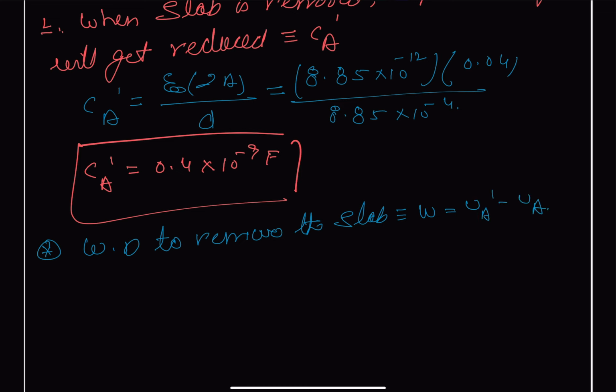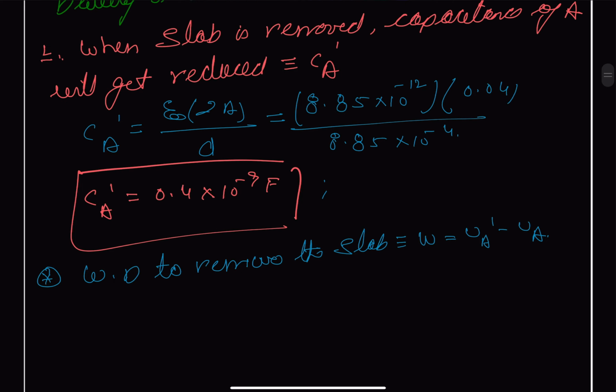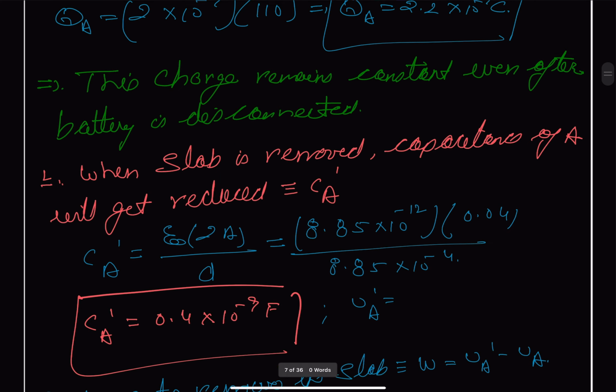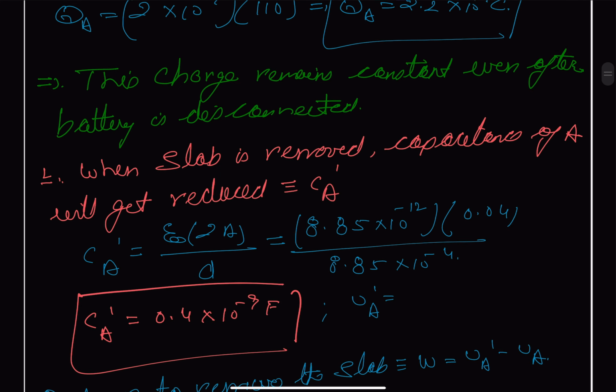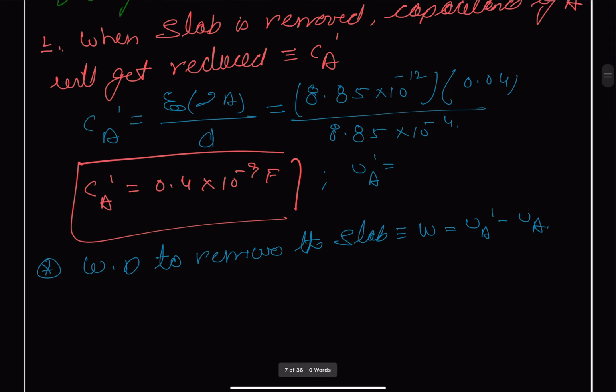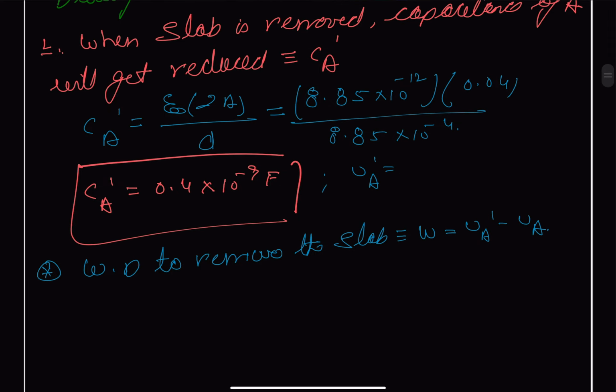And UA prime we can find out: we have our charge Q that we found out, that is 2.2, and so this will be coming as close to 6.05 into 10 raised to the minus 5 joules.